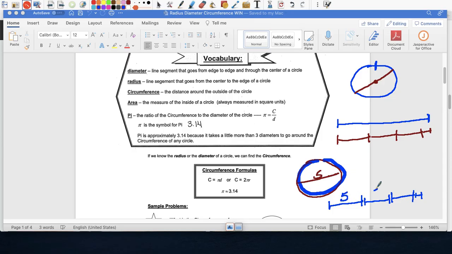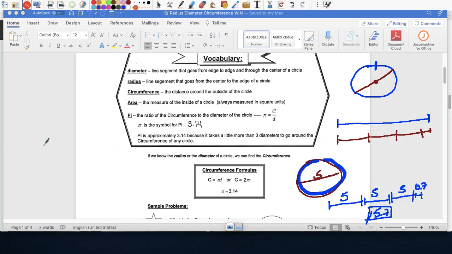So it would be 5 plus 5 plus 5, and then 0.14 of 5, right? It's not a whole 5. It'd be 0.7. So if I know the diameter is 5, the circumference, the distance around the shape, would be about 15.7.